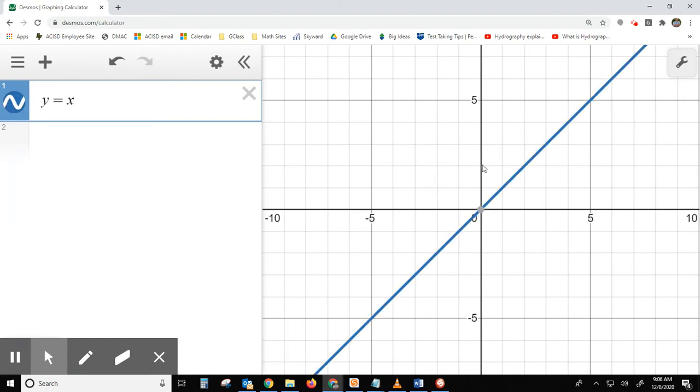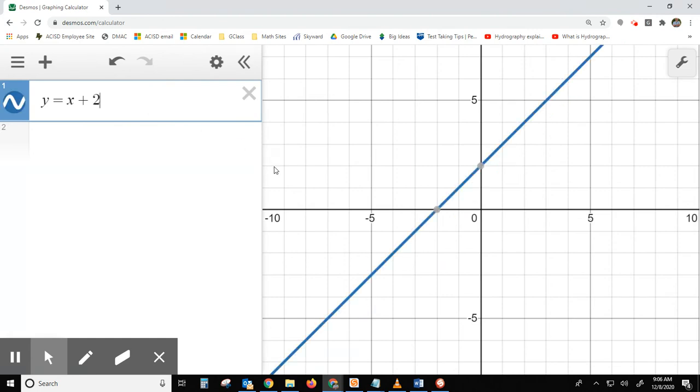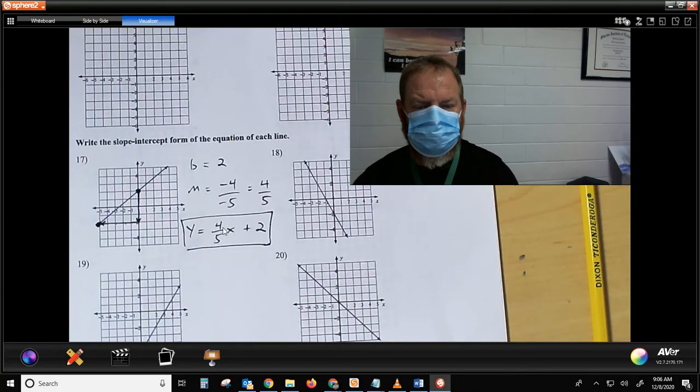Okay, what if I put in x plus 1? Yeah, I'm on my way. I just need it 1 up. Maybe this website will remind me that plus 2 will give me something here. But it's not exactly the same slope as what I'm looking at on paper. That slope is not as steep maybe as the one I'm looking at.